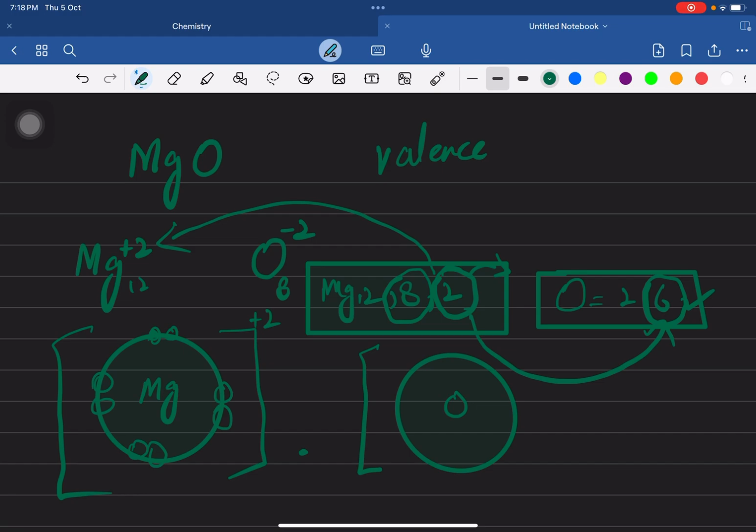Here we have shown the 6 electrons, and 2 electrons are gained by the oxygen from magnesium. The electrons of magnesium we showed in a circle form, so we will show them here in a circle, because these 2 electrons are gained by the oxygen from magnesium. As you know it gained 2 electrons, so it will get a charge of negative 2.